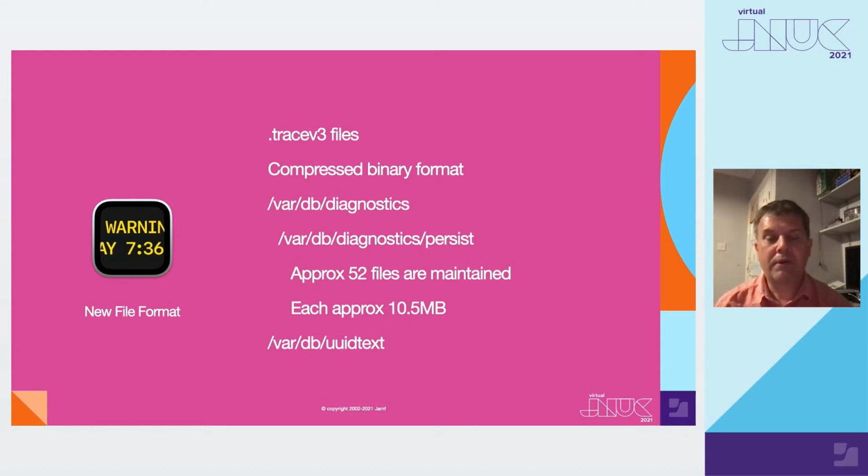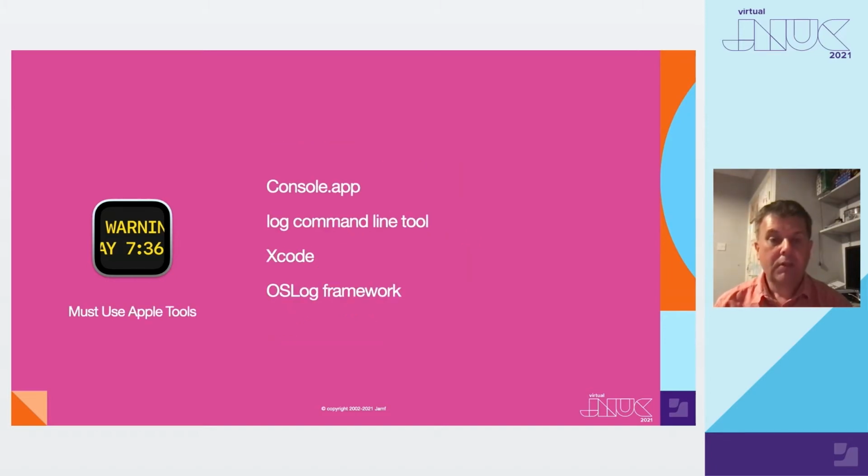Unified Logging maintains approximately 52 of these files, and they're about 10 megs in size. That dictates the refresh cycle as it cycles through. If you've got a system that's logging a lot of information, it's going to churn through these files faster than a more quiet one. So you have to use the apps that Apple supplies. We've got the Console app, which is the GUI app.